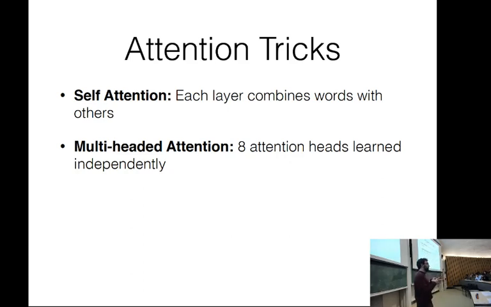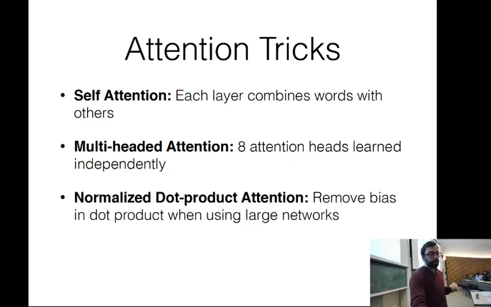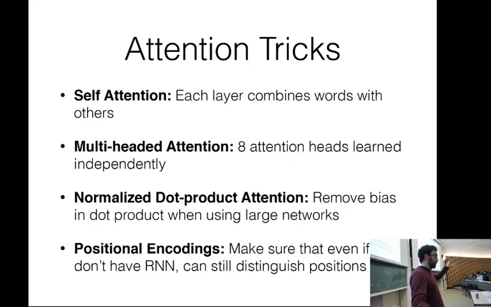Although there's some recent work that shows that you might not need all of them. And each of those attention heads used the dot product attention that we talked about, which was just the dot product between the query and the key, but normalized in order to deal with the bias of the dimensionality.